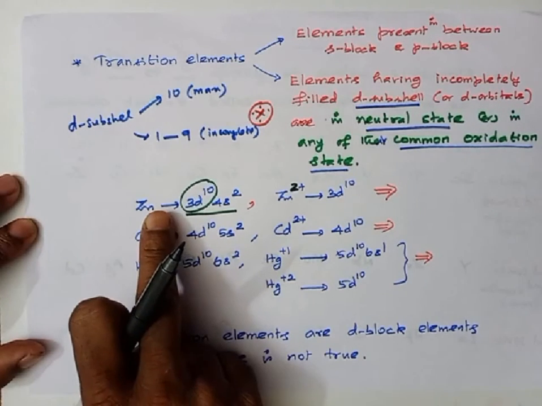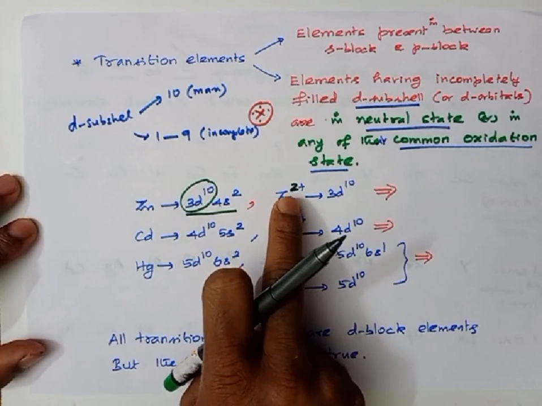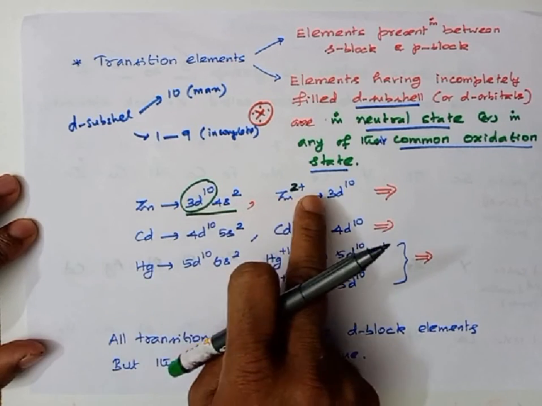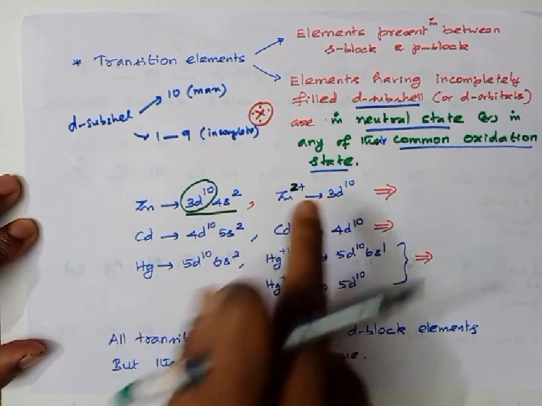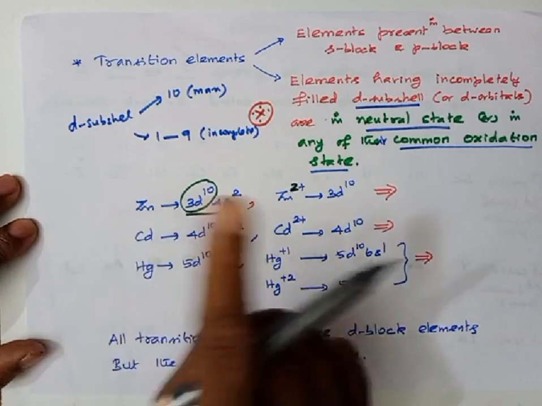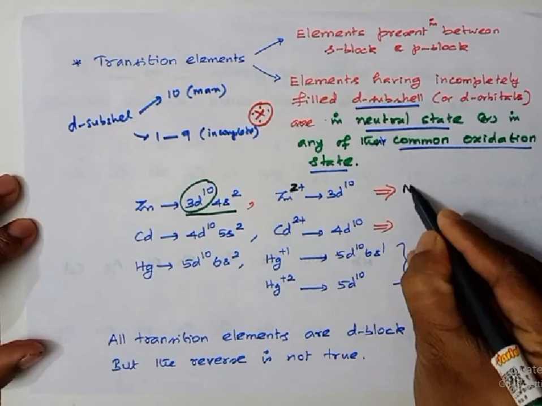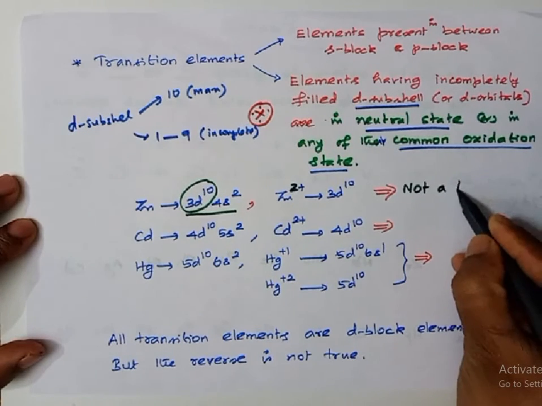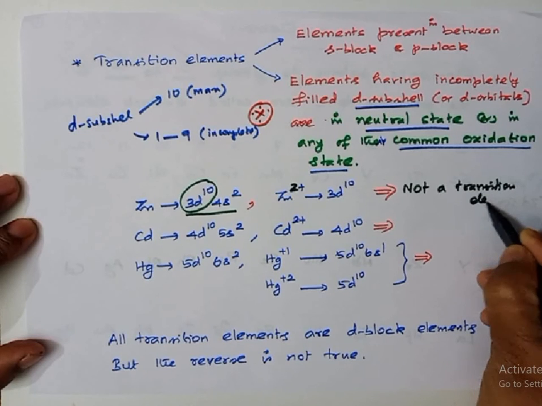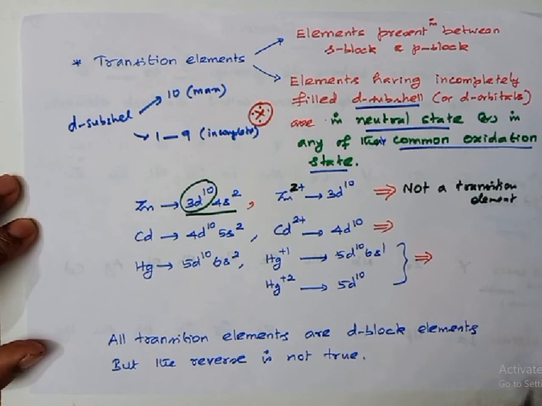So in the neutral state or in the common oxidation state, the d subshell is fully filled. Therefore zinc is not a transition element as per the definition. Keep this point in mind, very important.